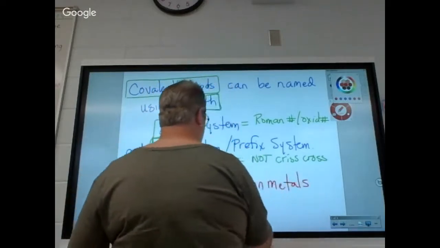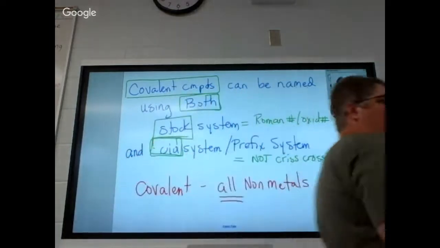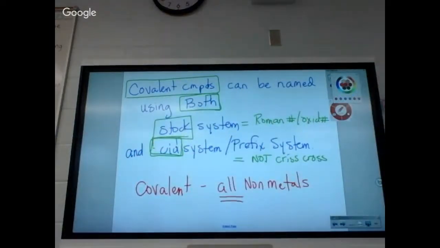And this is why students struggle. They just want to jump in and name them on their worksheets or on their tests. They don't want to check to see what kind of elements they have in their compounds. But before you start naming with the old system, you have to make sure that you can name them with a prefix. Okay? So we're going to name with the stock system first, and then we'll do old system.